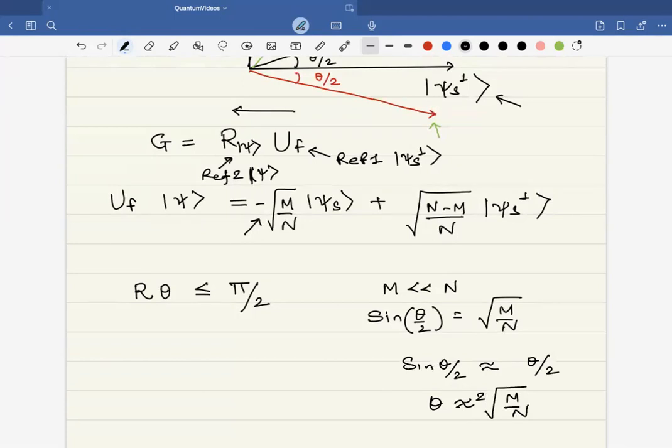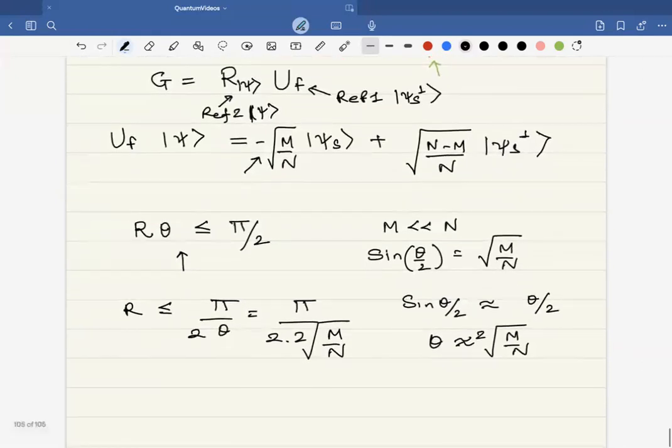So if I want to get close to the solution, I should not need more than R less than pi over 2 theta, which is equal to pi over 2 into 2 square root of m over n.